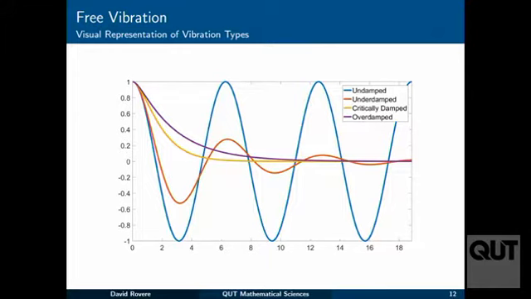For your underdamped solution, you have an exponentially decaying sinusoidal motion, so the amplitude is decreasing over time. For your critically damped vibration, that's the smallest value for damping such that you don't get any oscillation at all. And then overdamped, again, there's no oscillation in the solution at all, but it decays a lot slower than the critically damped case.